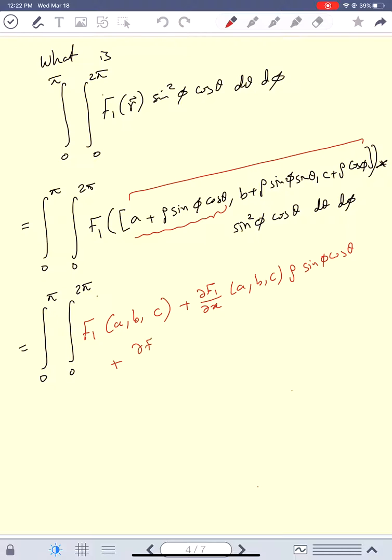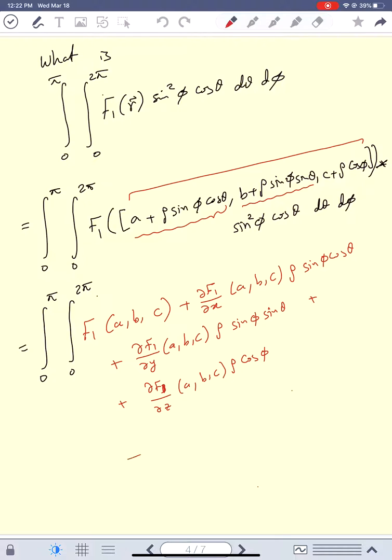Then plus the derivative of f1 with respect to y at a, b, c. The same thing, you take the y coordinate, subtract the b, so you'll get rho sine phi sine theta, plus the derivative with respect to z at a, b, c times rho cosine phi.